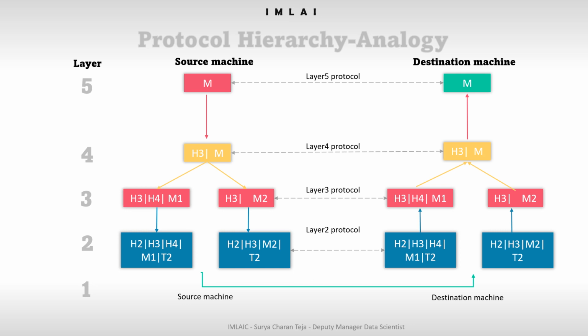The important thing to understand about this figure is the relation between the virtual and actual communication, and the difference between protocols and interfaces. The peer processes in layer 4, for example, conceptually think of their communication as being horizontal.